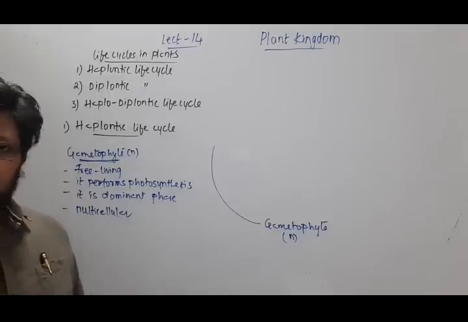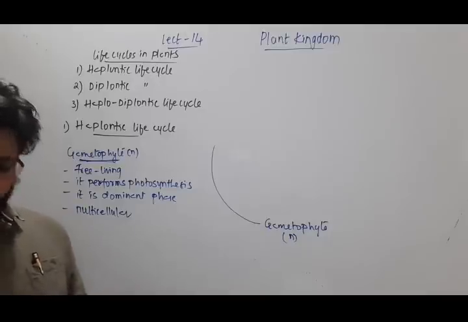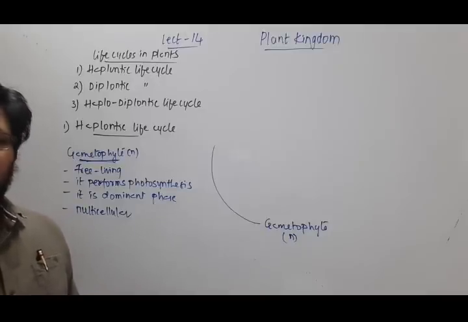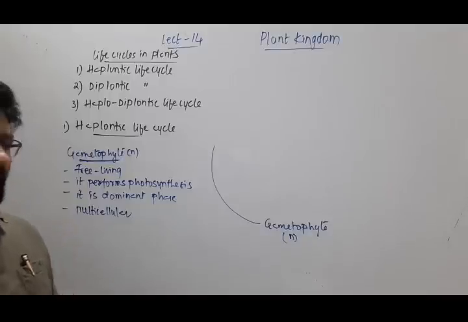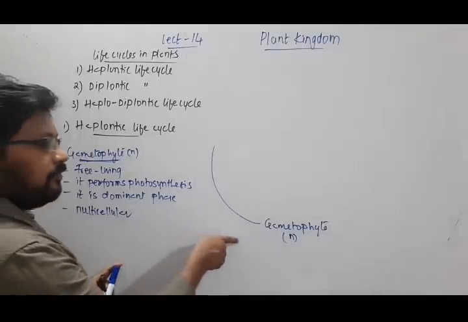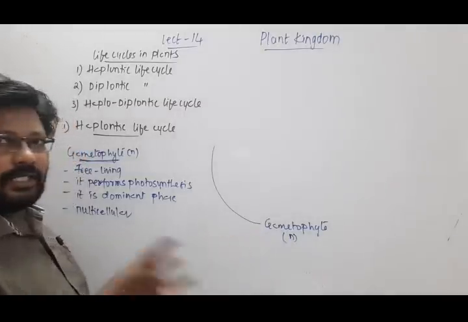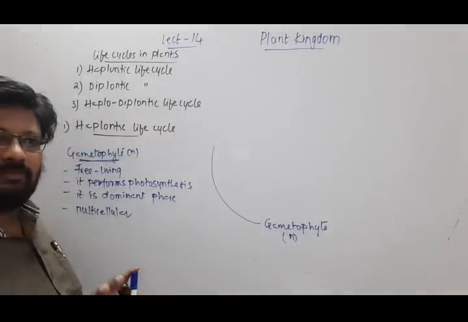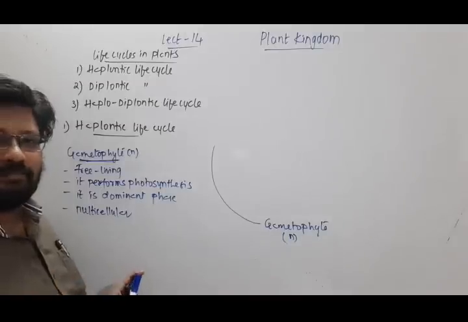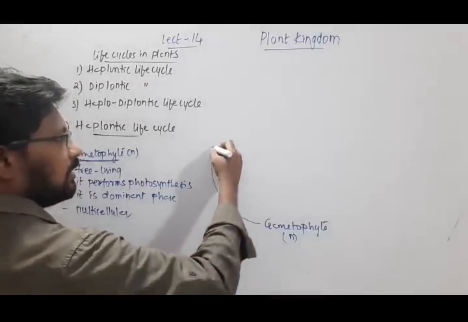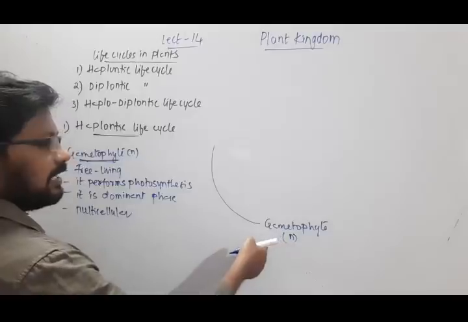Right from germination till it dies, you will see only the tree, and gametophytes form now and then. In lower organisms it is the opposite: you will see the plant mostly living in the gametophytic phase.